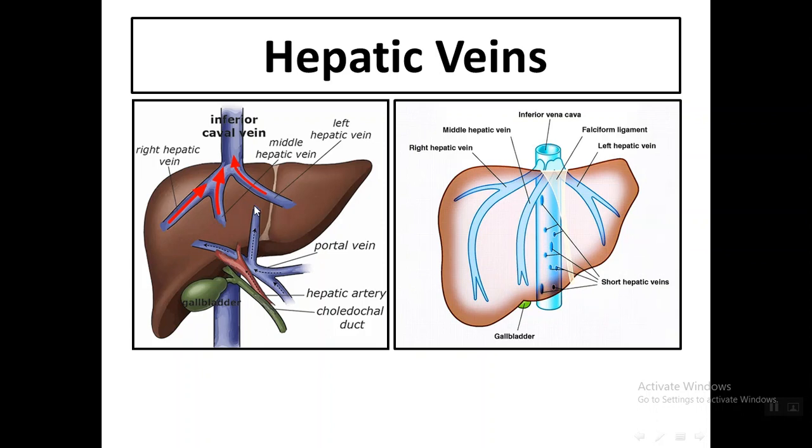After the blood is processed and metabolized in the liver, it will be drained back through the hepatic veins. We have 3 hepatic veins, usually 3 or more: the right, left, and middle hepatic veins, which drain directly into the inferior vena cava.